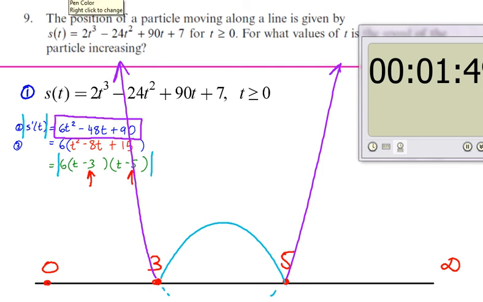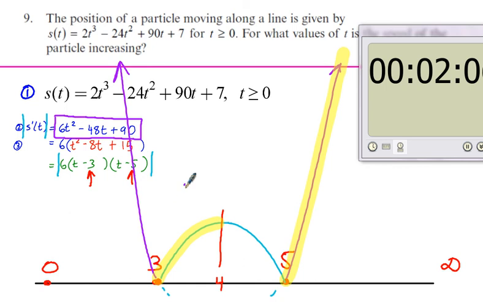I know that a parabola is symmetrical, so that must be 4 in between 3 and 5, and I can just see the speed is increasing between 3 and 4, and the speed is increasing from 5 till forever. And so I can pick that answer according to that.